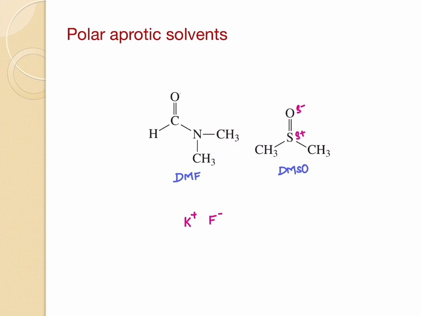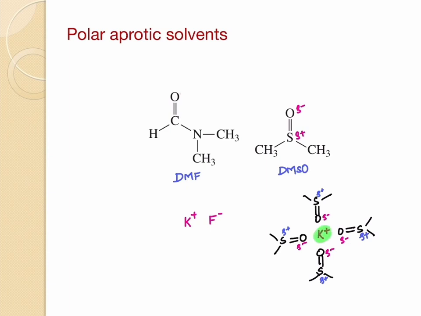When you use polar aprotic solvent, the K plus is going to get solvated, which means the DMSO molecules are going to orient in such a way that the K plus is going to get trapped between the DMSO molecules. If I draw the structure to clearly represent this, this is how it's going to be. The oxygen is going to have a negative charge on it, and the sulfur is going to have a positive charge on it, because of which the K plus ions are going to get trapped between the negative charges.